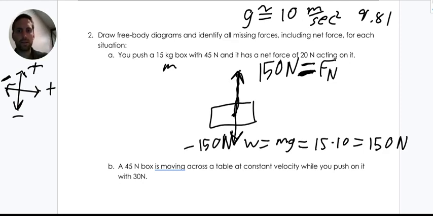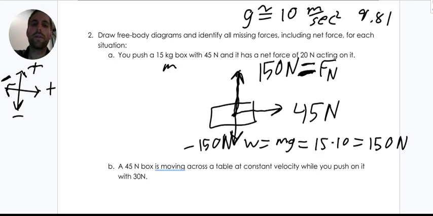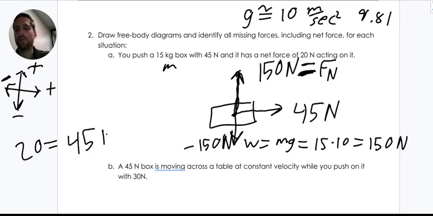Alright, so now we have a net force of 20 newtons acting on it, and an applied force of 45. If I know an applied force of 45 newtons is acting on it, and my net force is 20, I can add that together, as net force is the sum of all forces. 20 equals 45 plus some value, which I don't know.